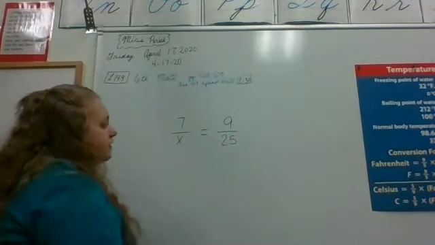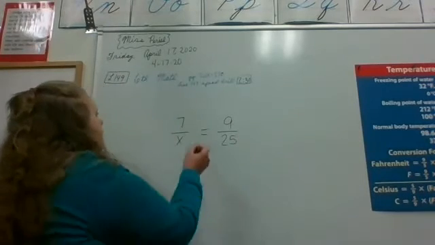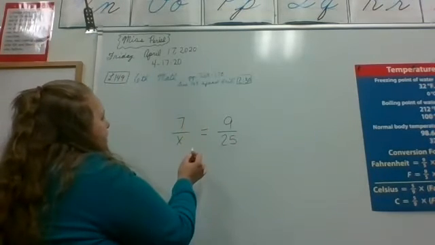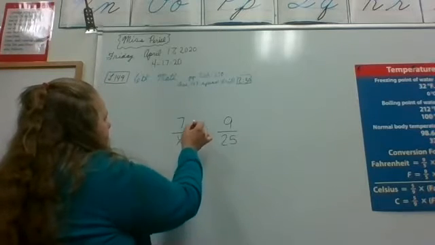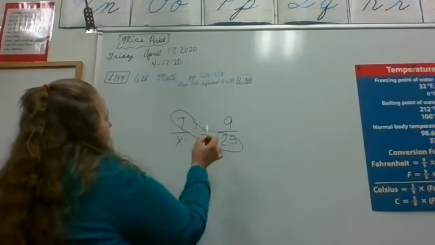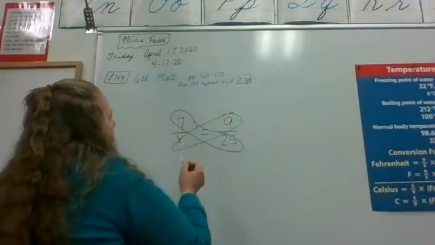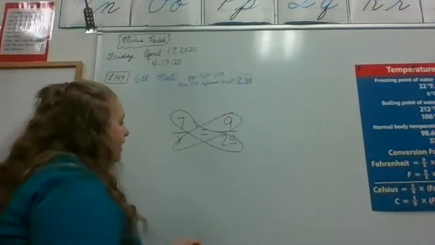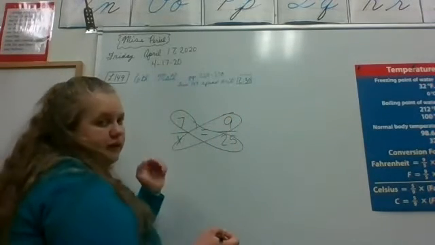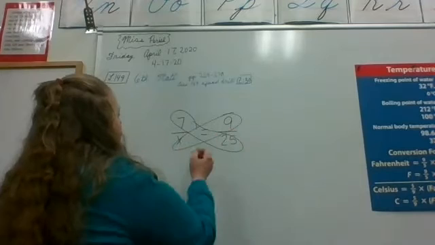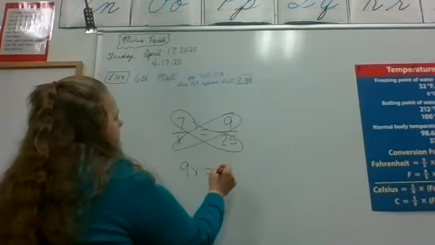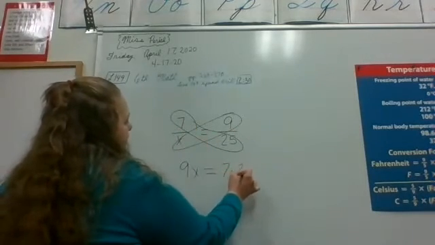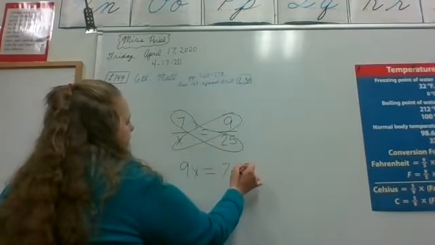And so for this, remember our proportions, in order to do this, the easiest thing, really the only way to do this that I know of is to cross multiply. So you're going to multiply, and so 9 times x equals 7 times 25, okay?